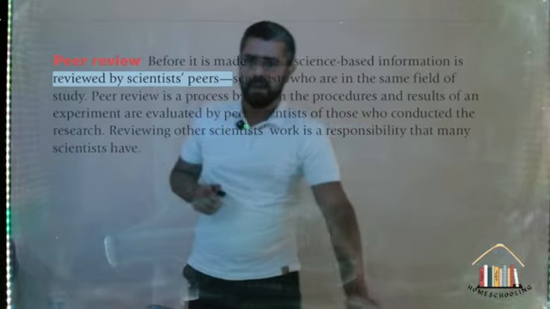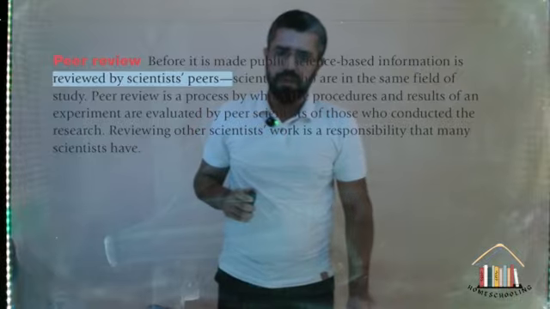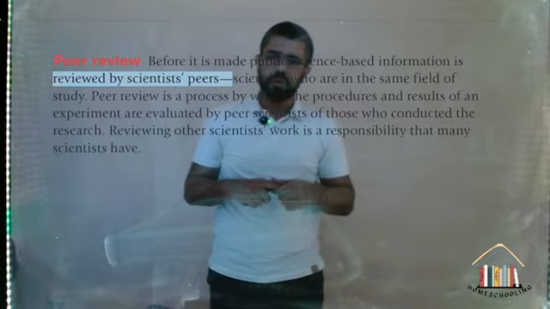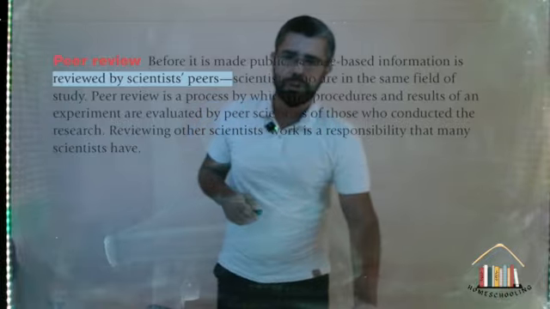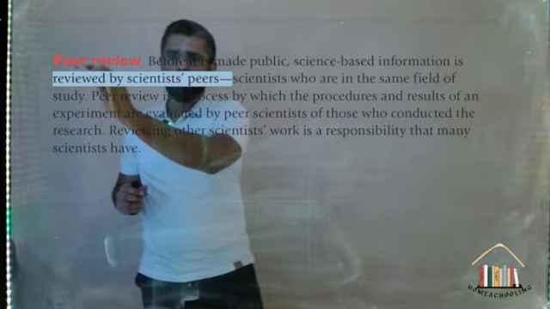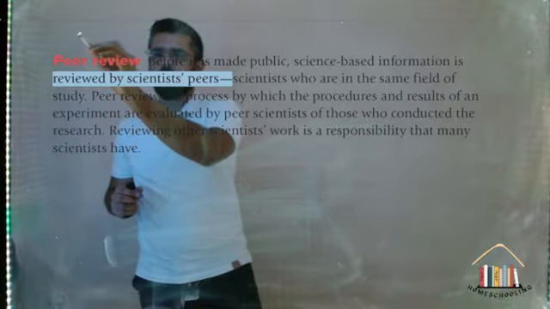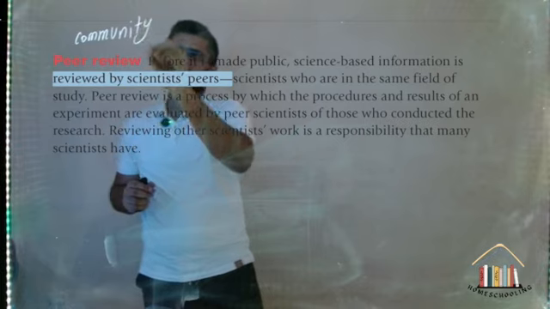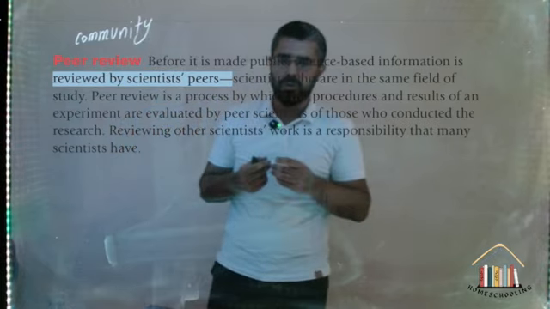The next part of this chapter is about peer review. For example, when finding a conclusion or a solution to a problem, we have to share it with others. That's what we mean by peer review. Share it with the community. It's about the community. What I find as a conclusion, I should not keep to myself.